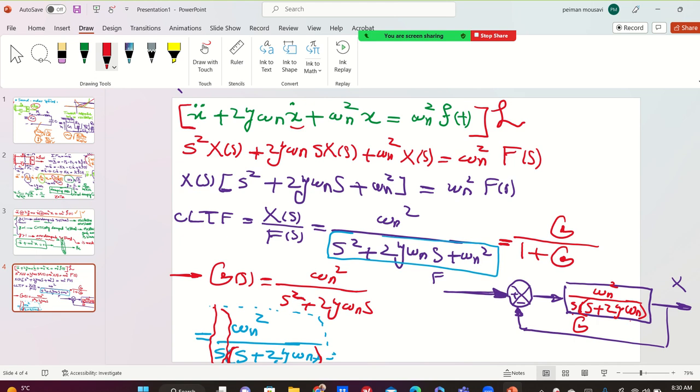Now you tell me how many poles this system has. Closed loop transfer function. How many poles? What are the poles? The roots of the numerator or the denominator? Go and look at your notes. Poles, I told you 10 times.